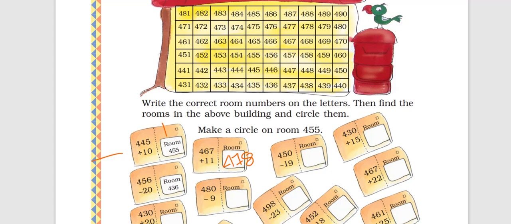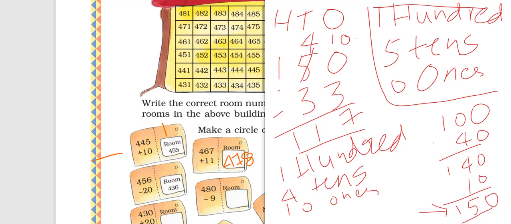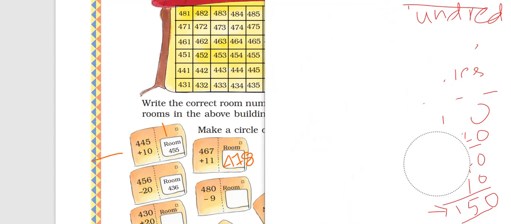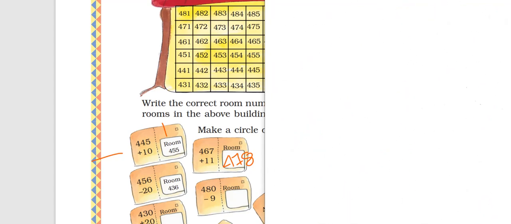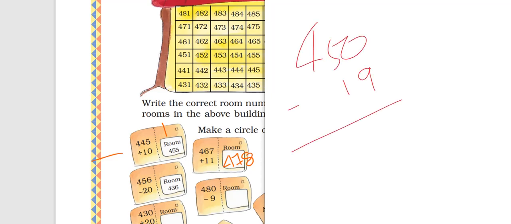Now, 450 minus 19. Let's solve it here. So, we have a 0 over here. Let's borrow some from the tens place. We have 5 tens.